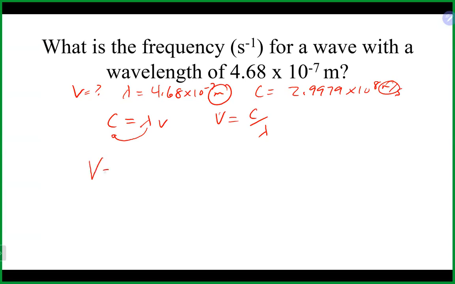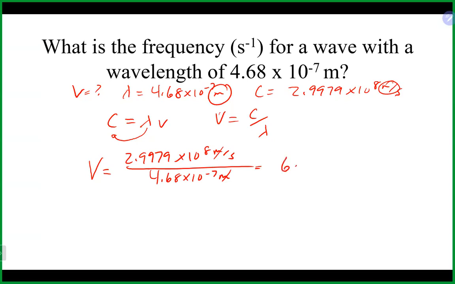So we're ready to plug in. We'll do our 2.9979 times 10 to the 8 meters per second divided by our wavelength of 4.68 times 10 to the minus 7. Clearly, we want to make sure that we use our exponent button here. And if you do that, it looks like 6.41 times 10 to the 14.